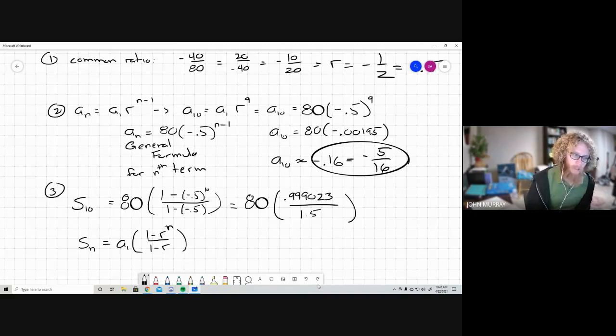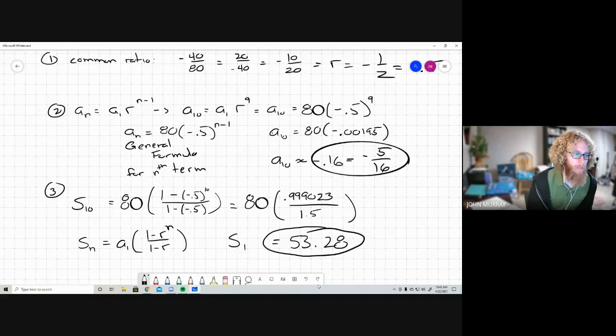And you're going to get a decimal here, because you get a decimal for that. We'll say 53.28. Depending on how you rounded, your digits after the decimal might be a little different.